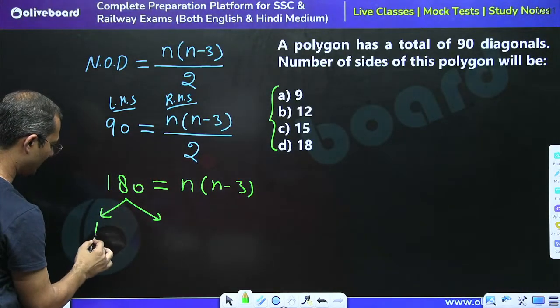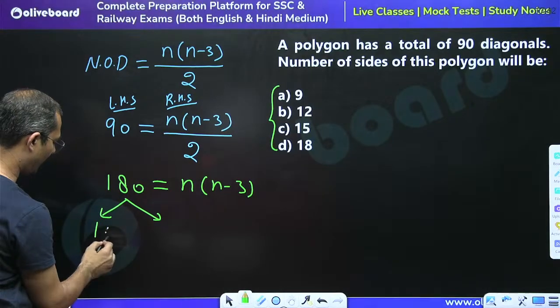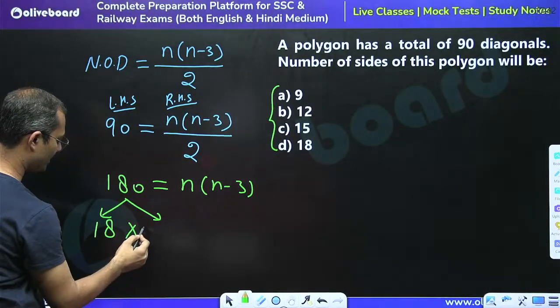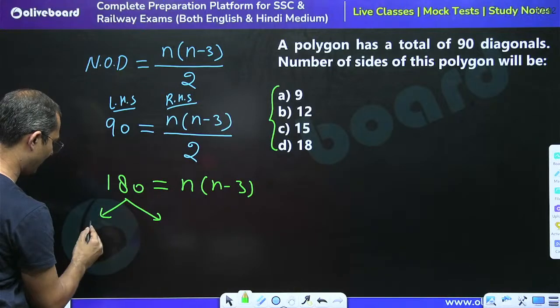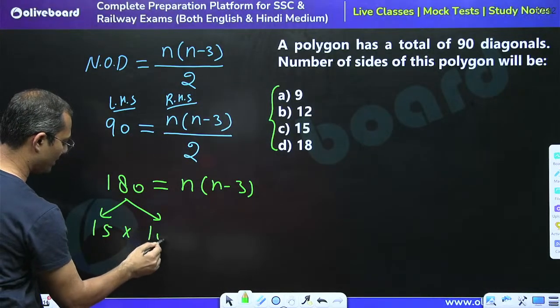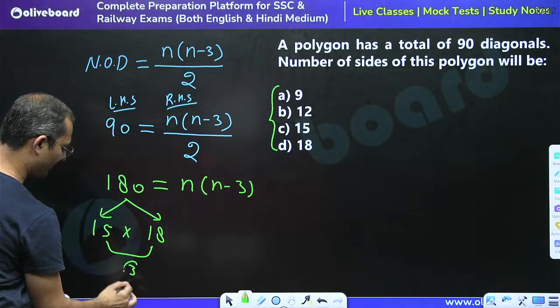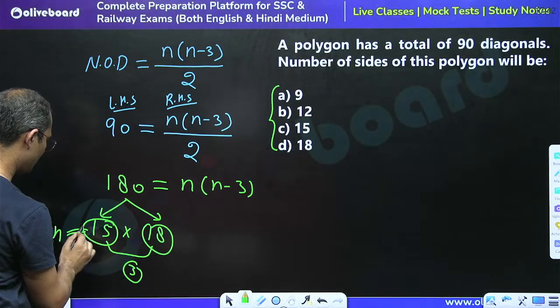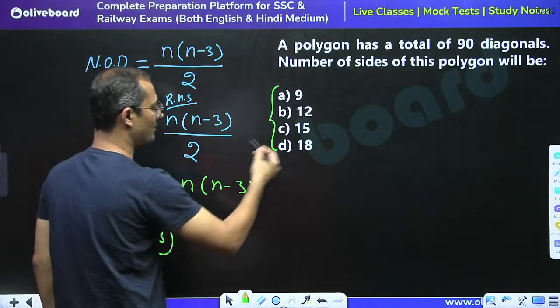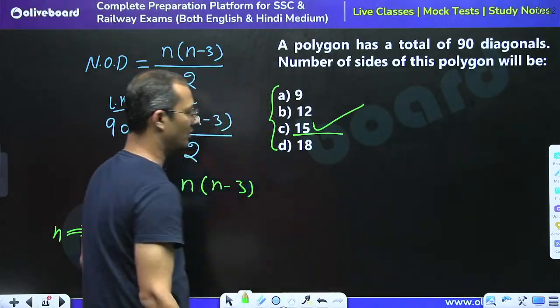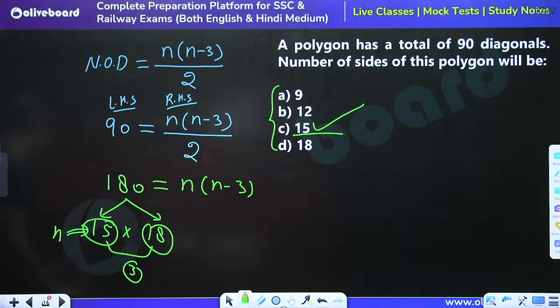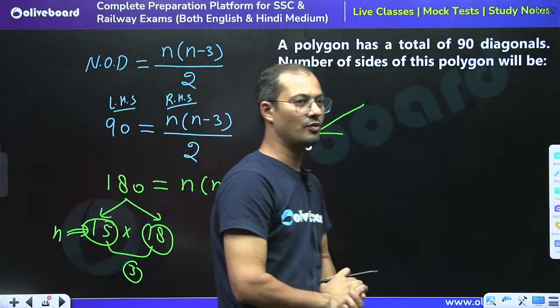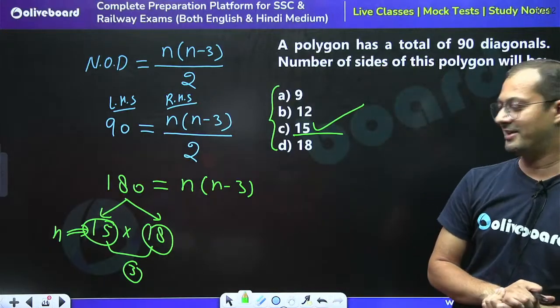So 18 into 15, or 15 into 18, right? The difference is 3. So we know that n is equal to 15, right? So 15 is the right answer. The value for n is equal to 15.